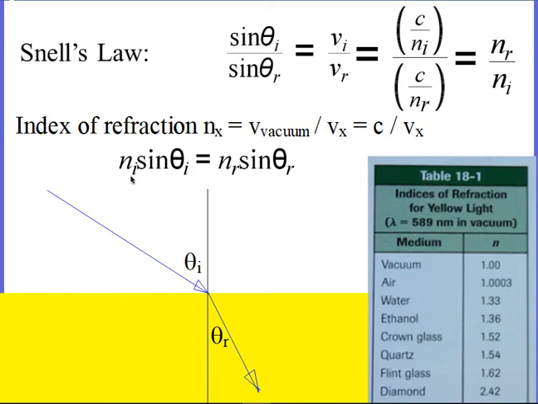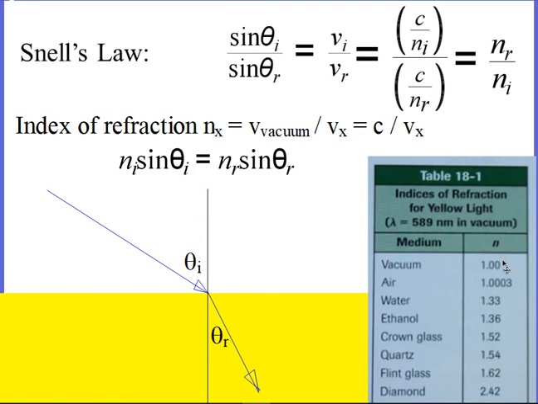But perhaps it is a problem where they told you the index of refraction and ask for the index, or they told you the angle of incidence and ask for the angle of refraction, and then you would look here to see, oh, what is the index of refraction for the incident medium, which might be air, and what is the index of refraction for the refracting medium, which might be water.